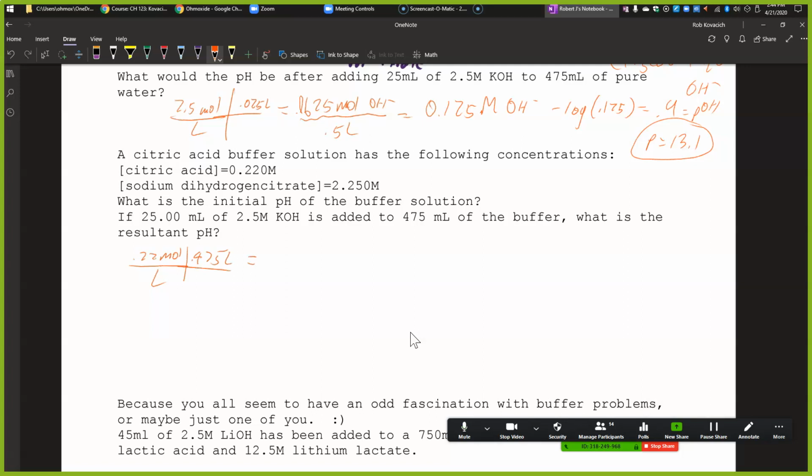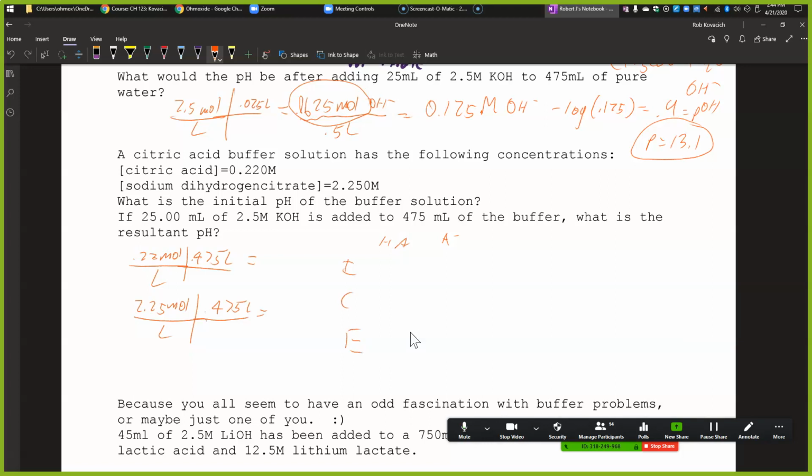Then I've got 2.25 moles per liter, and that's 0.475 liters. And then we have this number of moles from the problem above. So then I'm going to make an HA, A negative ICE table. I guess I should do the math on those first.